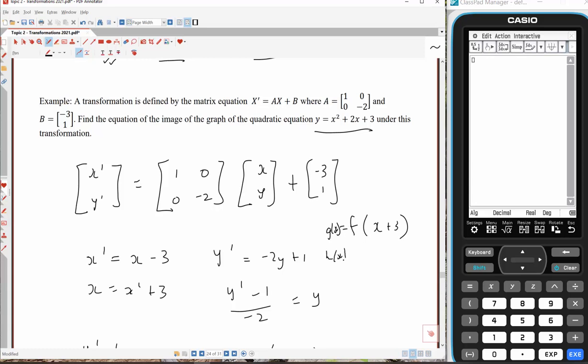For h of x, the next thing that gets done is it's reflected in the x-axis, dilated by a factor of 2 and then translated up 1. So that's going to be -2 f of x plus 3, and h of x equals -2 f of x plus 3, plus 1.